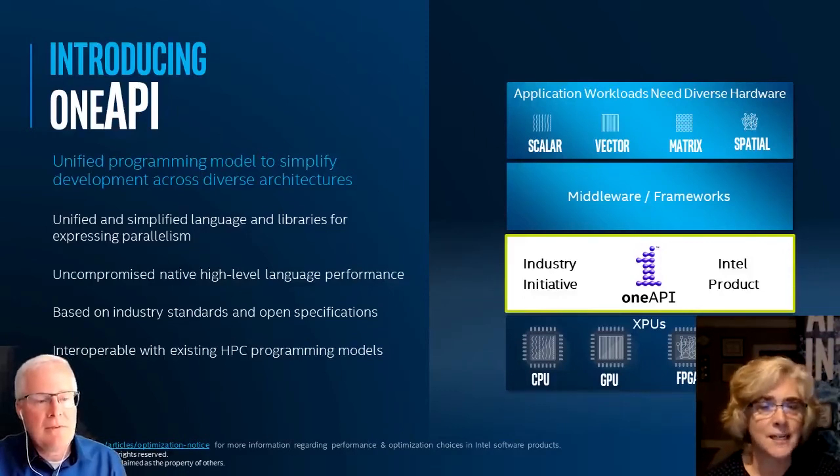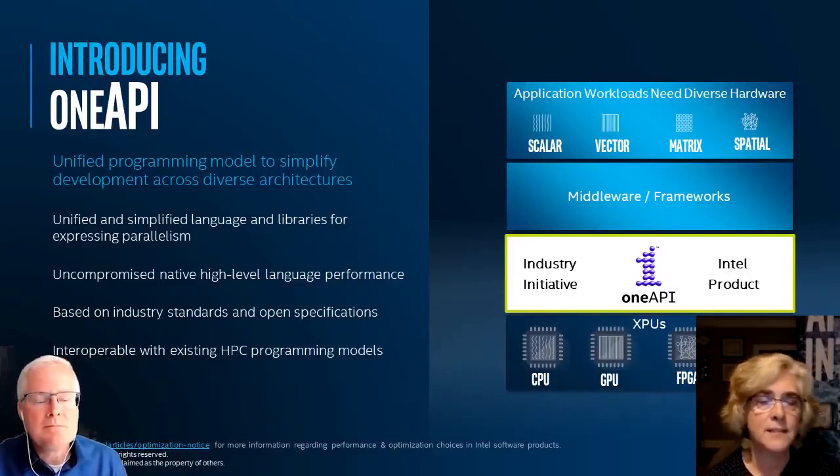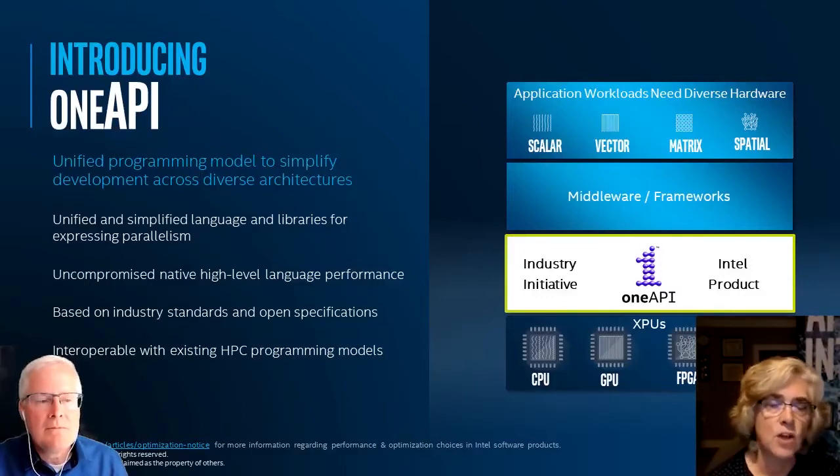So first, it is honestly an org. It's oneapi.org, so feel free to go and check it out. The idea is that we really wanted to create, and this is an open standard, a unified software environment, one place that you go to do the development.